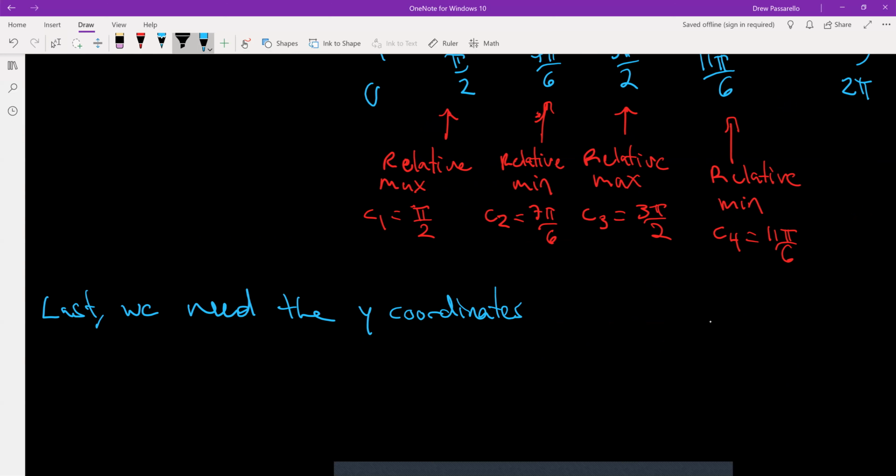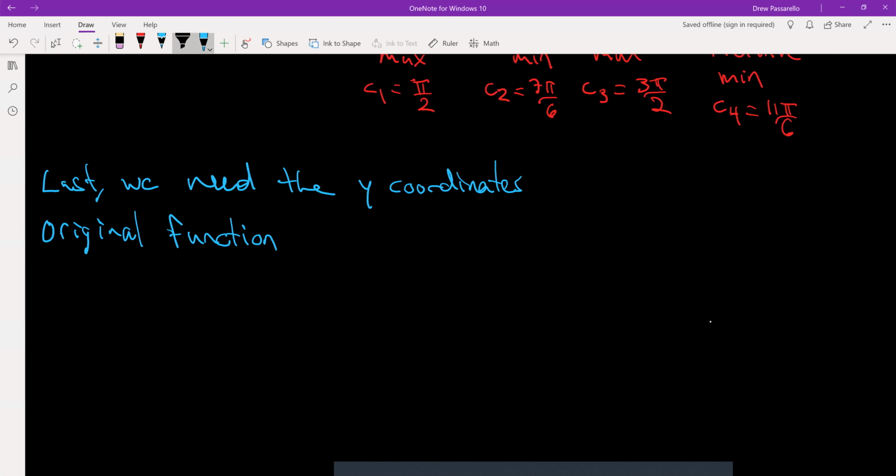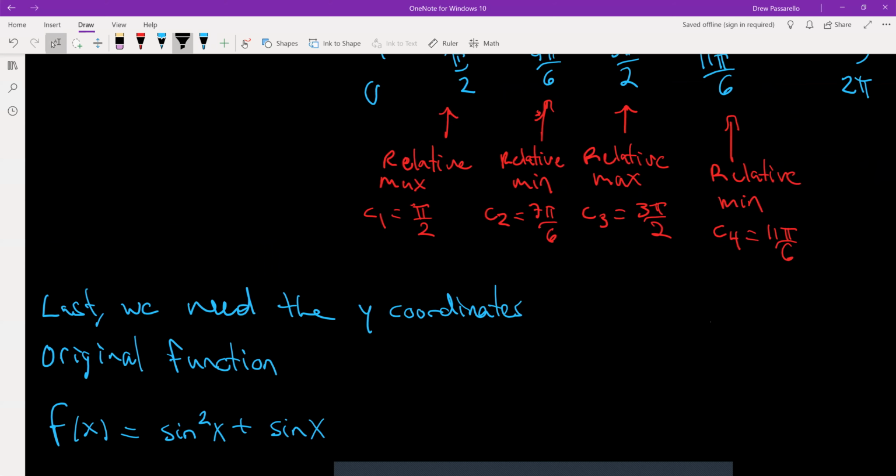And again, for this last step, you always have to use the original function, which is f of x equal to sine squared x plus sine x. All right, so I have to plug each one of these into that, and I'll demonstrate plugging the first one in, see what you get, and then I'll pause the video and write down the results I get for the other ones to save time.